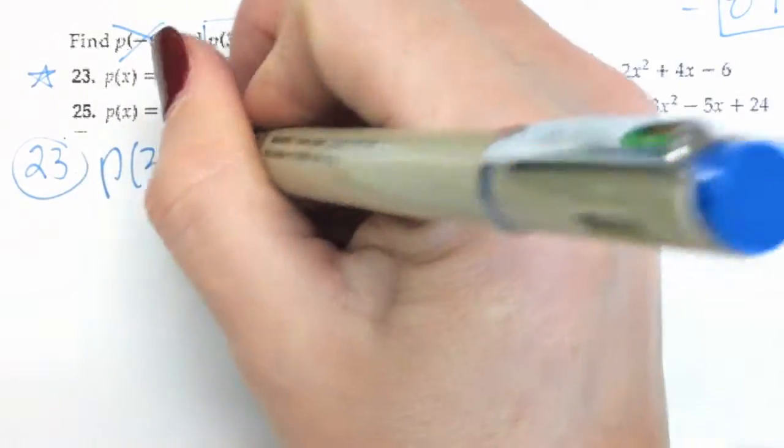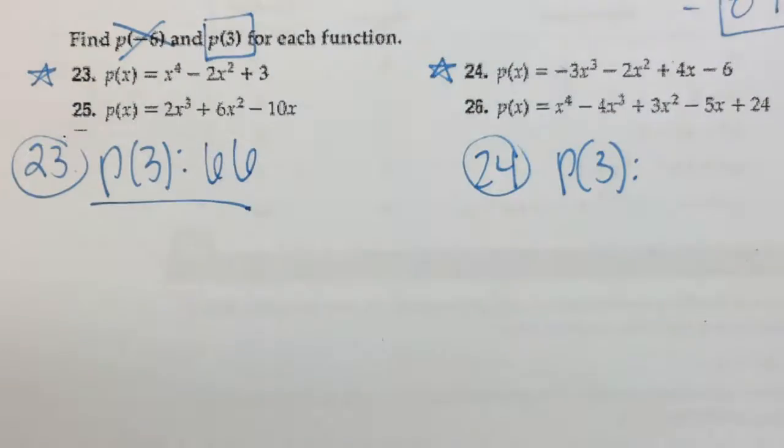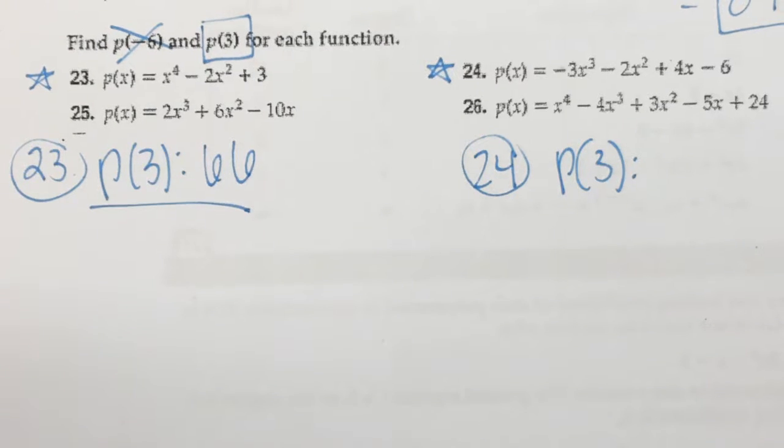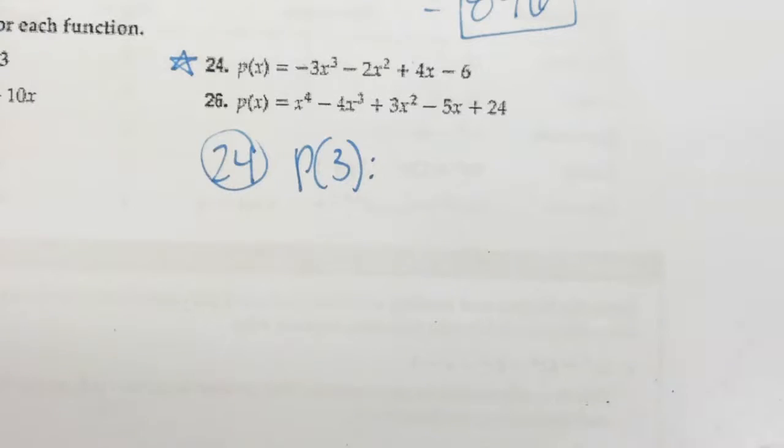Alright, P of 3 for number 23 is 66. If you did not get this or you have a question, put a question mark so we can go over this tomorrow, okay? For number 24, let's see.